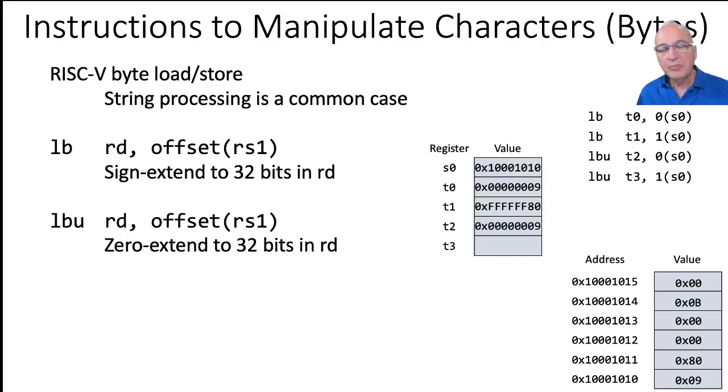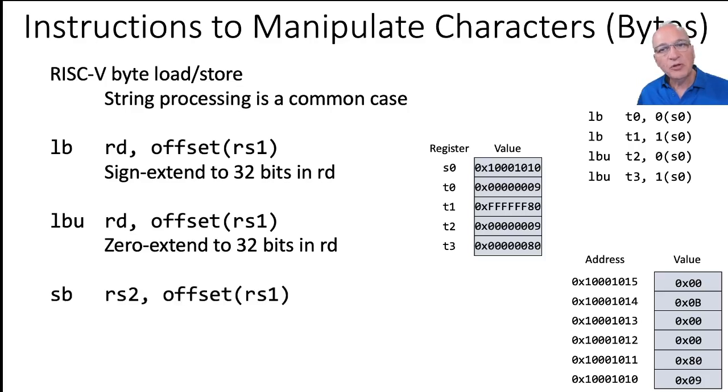But if we load the byte 0x80 into T3, that value will now be zero extended to 32 bits instead of the sign extension that happened in T1 when I used a load byte. So that's the difference between using a load byte and a load byte unsigned instruction.